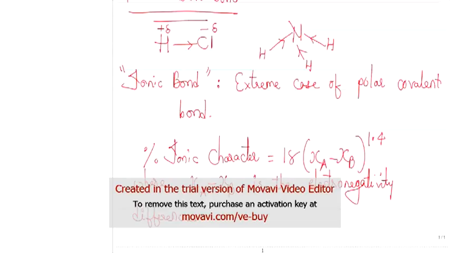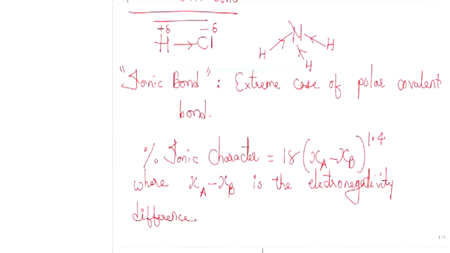You can also measure the magnitude of polarity, or get an idea about the percentage ionic character of any polar covalent bond, by measuring a physical quantity called dipole moment.